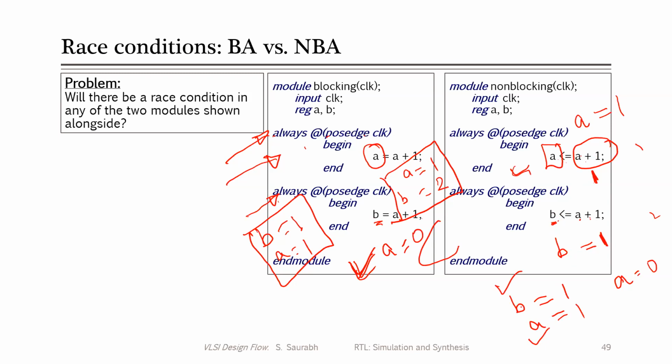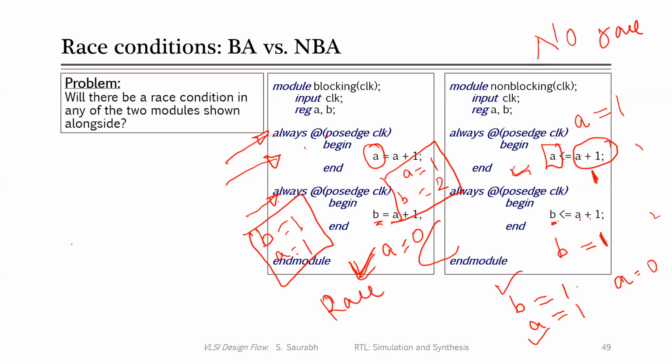So you will get the answer as B is equal to 1, A is equal to 1. Whether the first always block or the second always block is executed, you will get the same answer, right? And therefore, there is no race condition here, and you have a race condition in the other case, right?